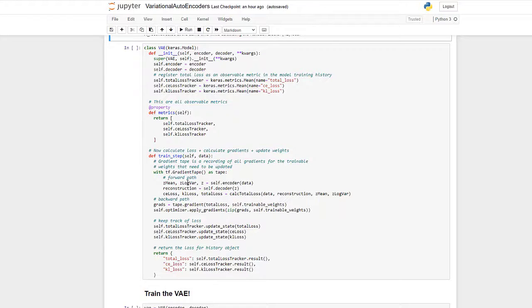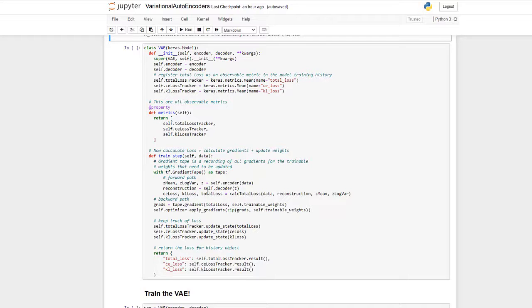So the encoder, again, is running our encoder model to boil those images down to that probability distribution z, and we're also keeping track of the means and log variances independently here as well. And then the decoder is called with that resulting probability distribution z to try to reconstruct that image, and we're calling that reconstruction. We then calculate the total loss between the two. And again, calc_total_loss is looking at both the reconstruction loss and the KL divergence loss, and we're going to keep track of them both independently so we can view them, and finally just look at the total loss between the two.